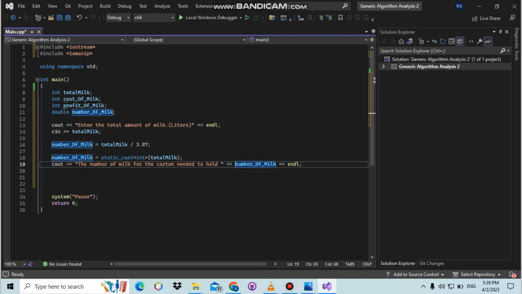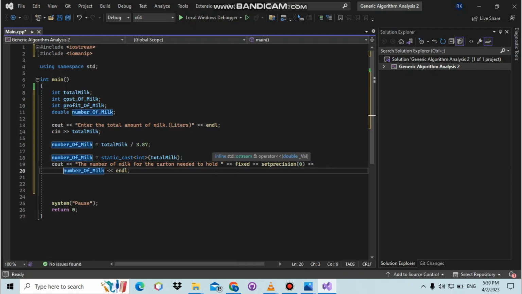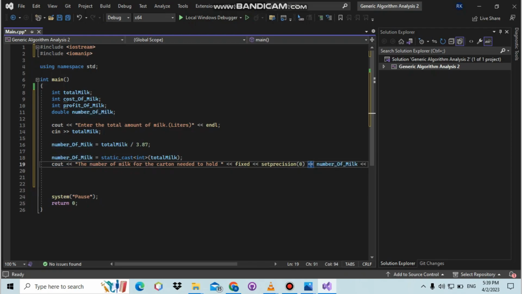I'm going to say here fixed and also setprecision, just like the predefined function in there. I'll make it 0.